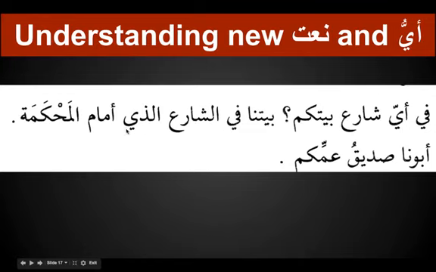Baytuna, our house. Fi shari'i, in the street. And allazi is coming as an ismu mawsul describing the street, and after ismu mawsul there is always silatul mawsul. So what is silatul mawsul? Amam al mahkamati. So our house is on the street which is in front of the court. Mahkama is court, where the judgment is passed. Hukm, judgment is passed. Abuna, our father.